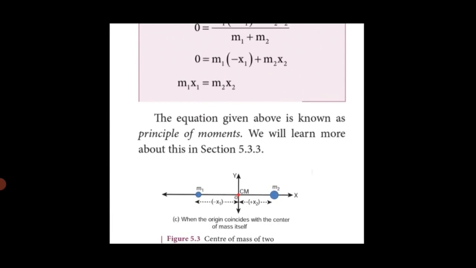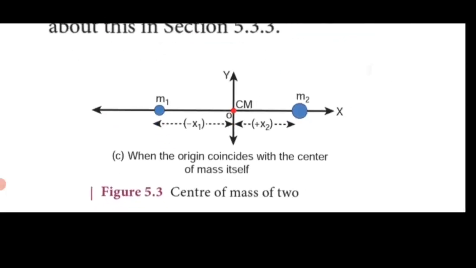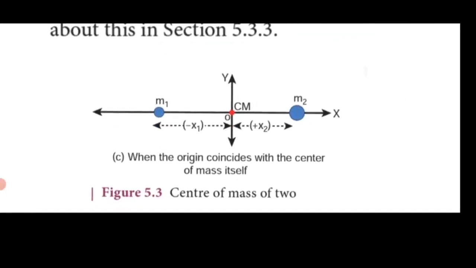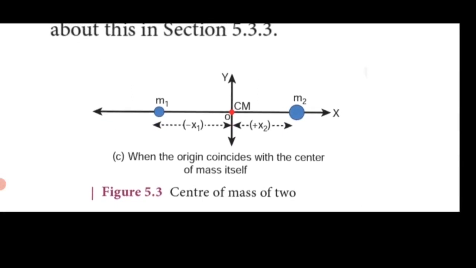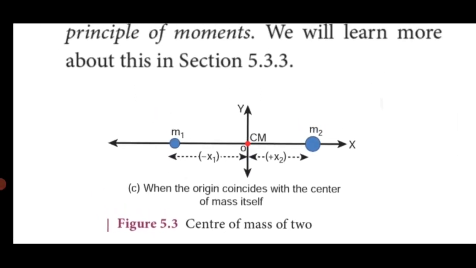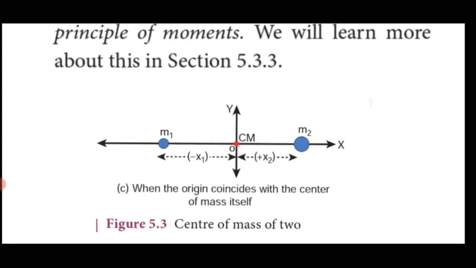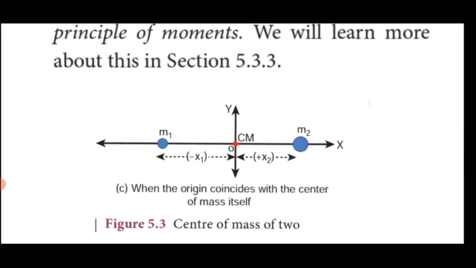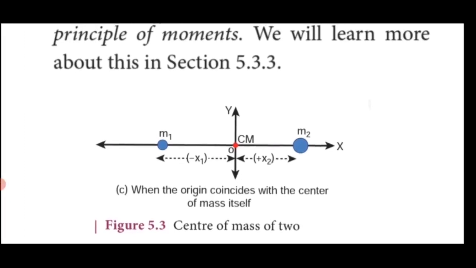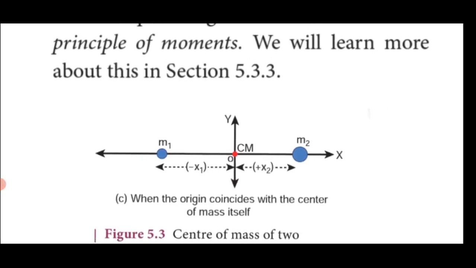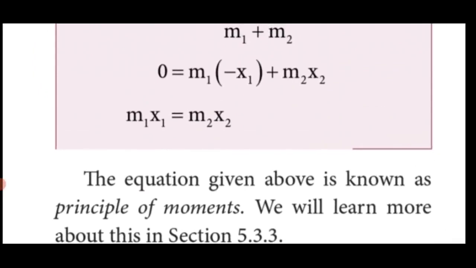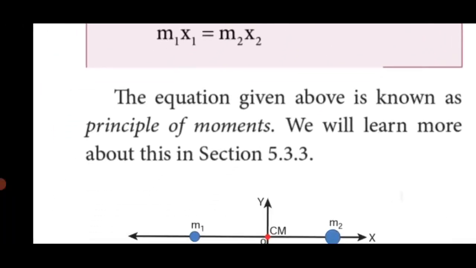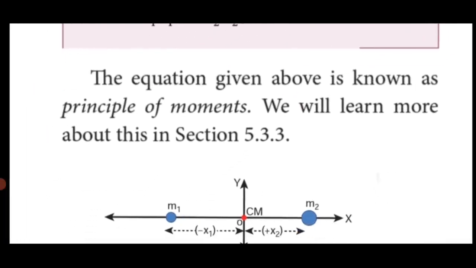In this diagram it is clearly given that one mass is taken in the negative direction, and the other mass on the positive axis. That's why we take the center of mass as 0. Now you understand clearly. So x1 m1 should be equal to x2 m2, and this is known as the principle of moments.